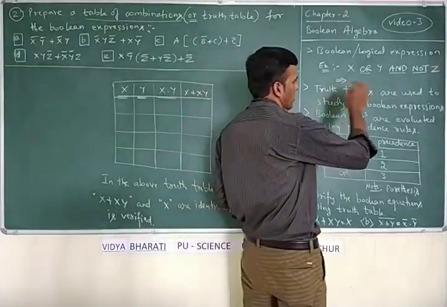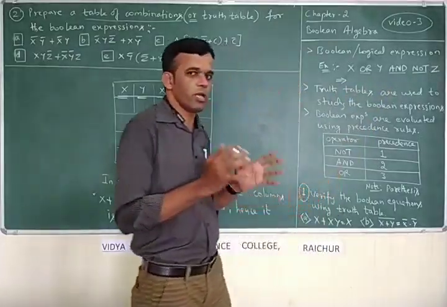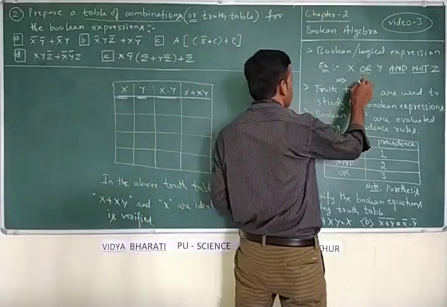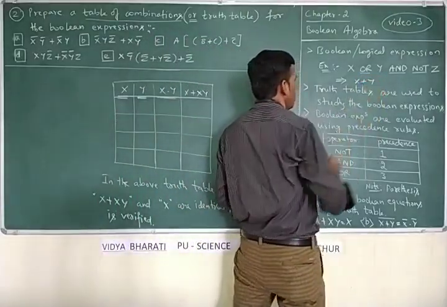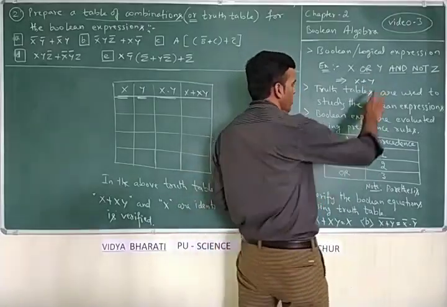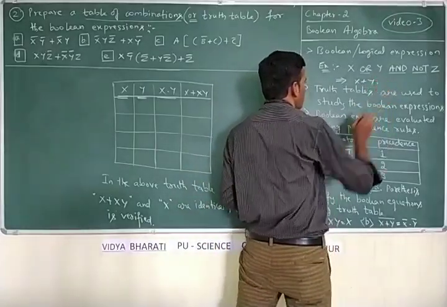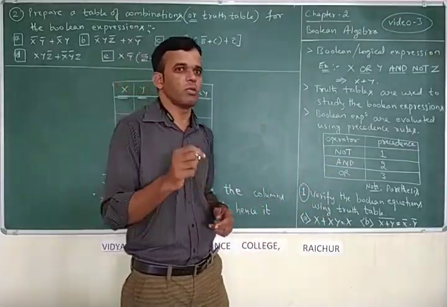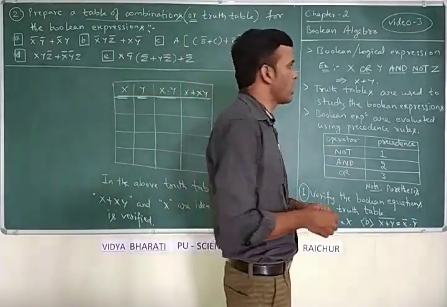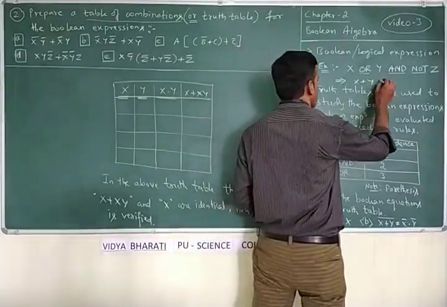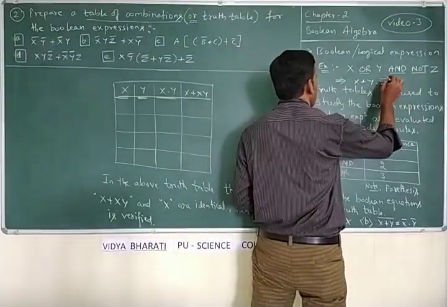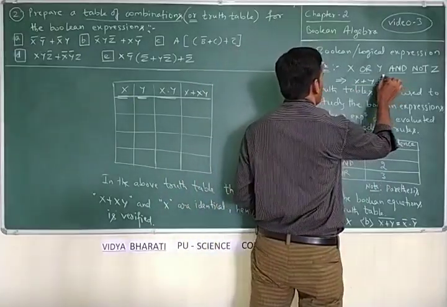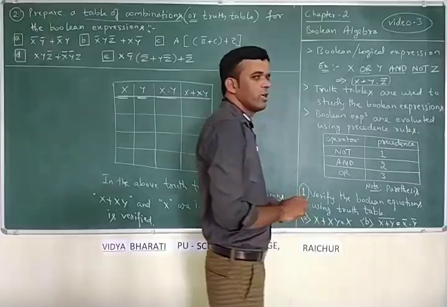For OR, the symbol is plus; for AND, it's a dot symbol; NOT means complement. We still prefer the bar symbol for complement. So z, this NOT, is a bar.